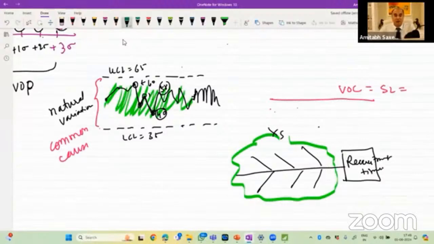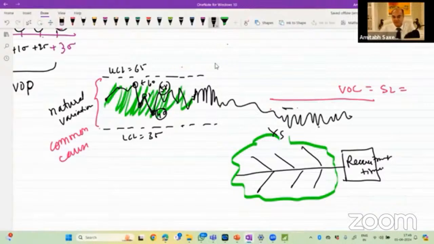So your objective is to bring your process and change the control limits so that your average is now 30 and standard deviation, let us say, 3.